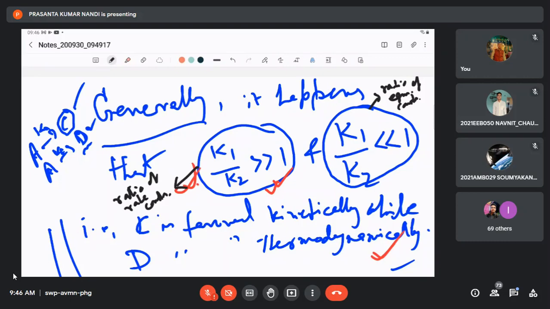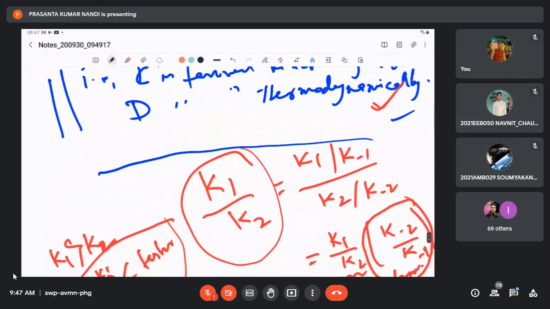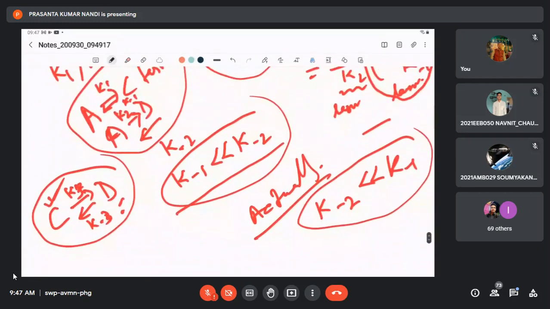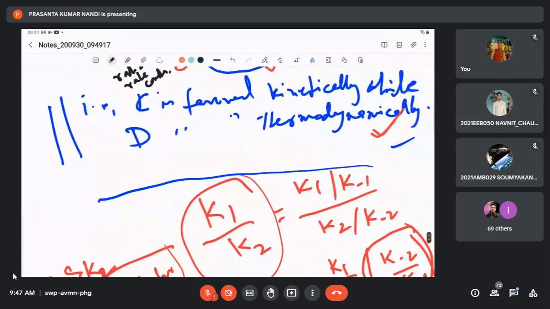Now once again, why is K1 greater than K2 and the product formed? I can show you in a simple sketch. Suppose a reaction. If you follow the energy sequence, that is potential energy versus reaction coordinate. Reaction coordinate denotes a kind of coordinate, in terms of bond length, showing how the product is formed.